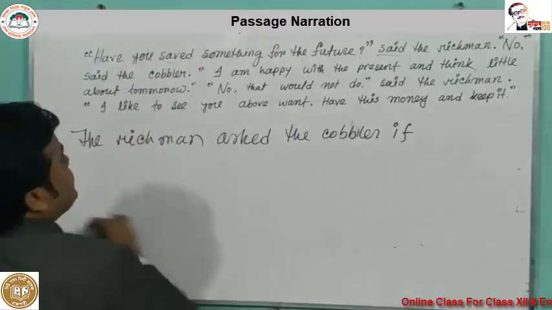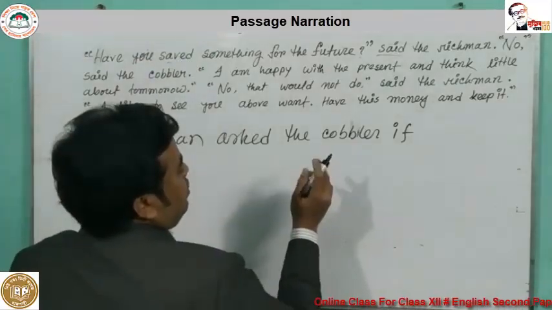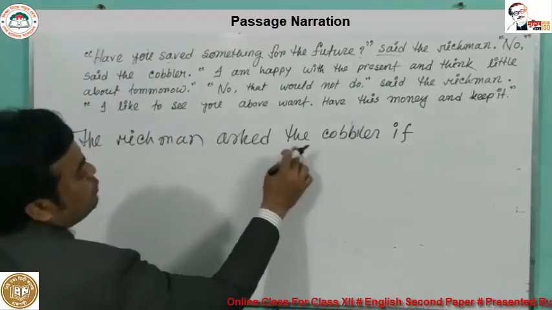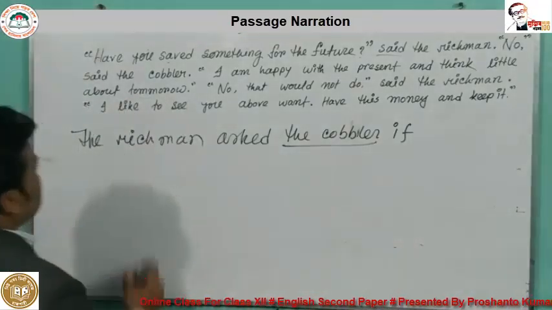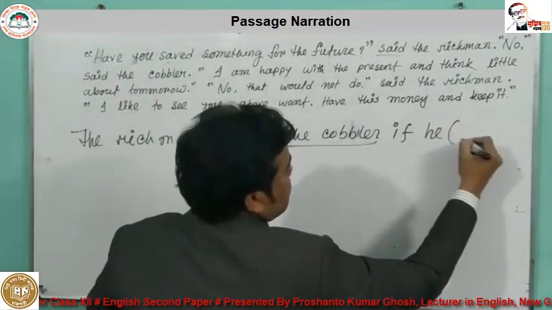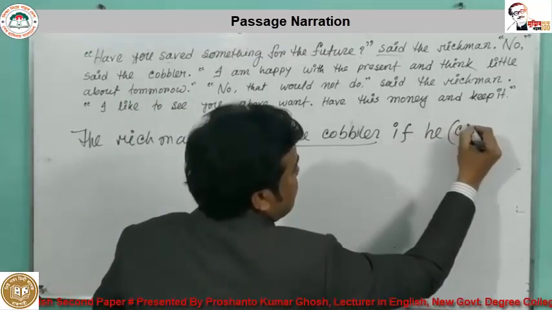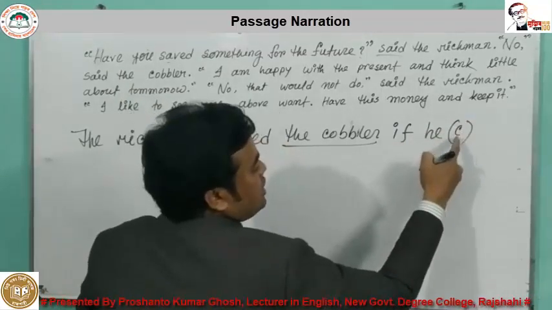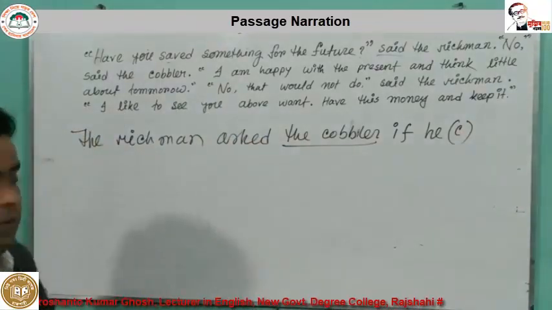The pronoun will be changed according to the object of the reporting verb. Here the object is cobbler. So he, within brackets you have to use C, that means C means cobbler.